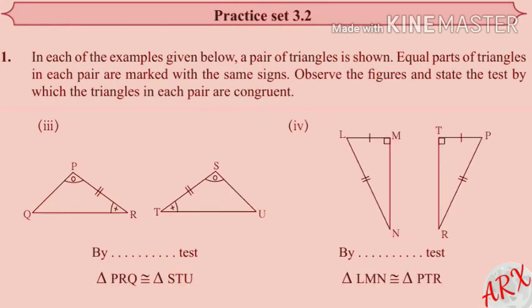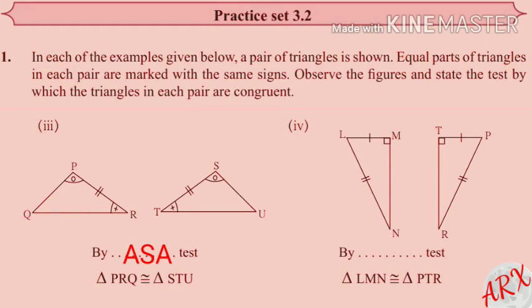Third, as we can observe the diagrams of the triangles, in triangle PQR and triangle STU, PR congruent to ST, angle P congruent to angle S, and angle R congruent to angle T. Hence, triangle PRQ congruent to triangle STU by ASA test.